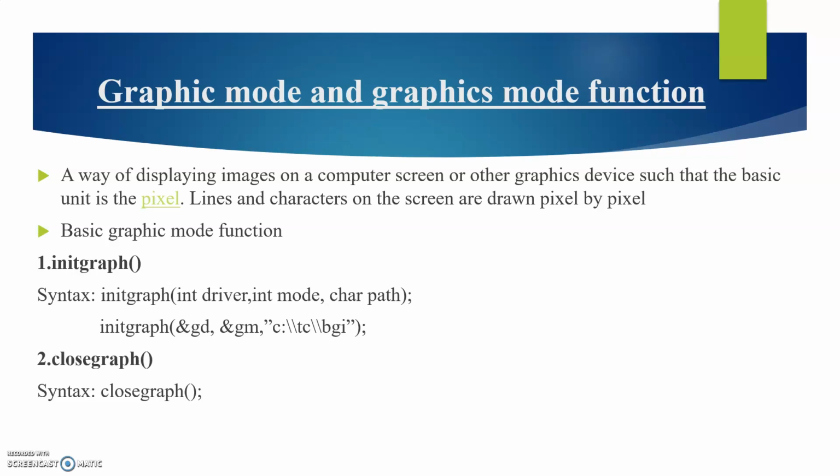The mode argument is used to select a particular mode. The next argument in the initgraph function is path. Path specifies the path to the graphics driver. Graphics drivers are files with BGI file extension supplied as part of Turbo C++. The path name is a string, therefore it must be surrounded by quotes.